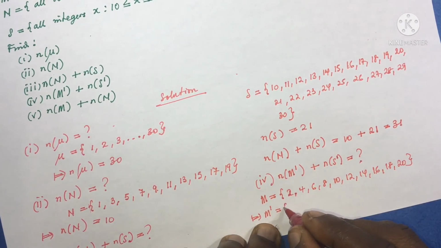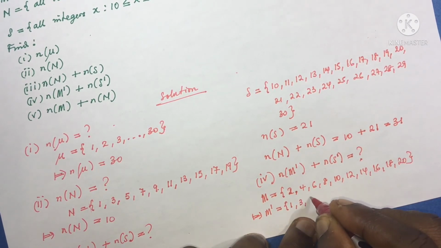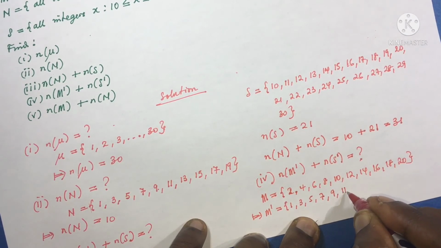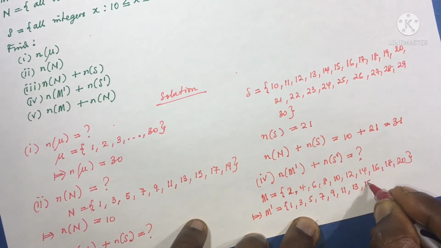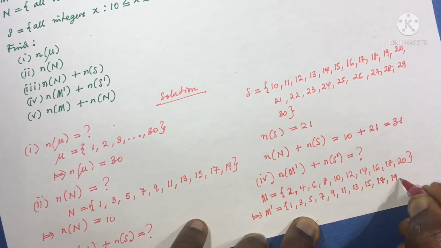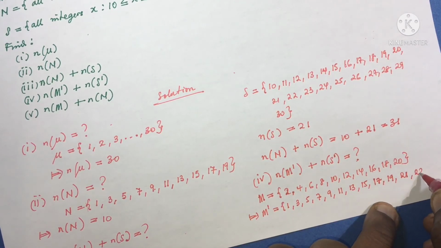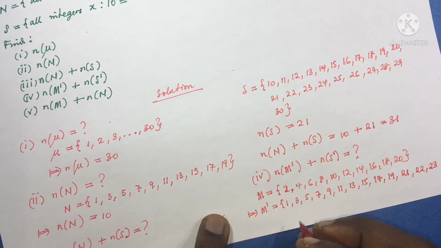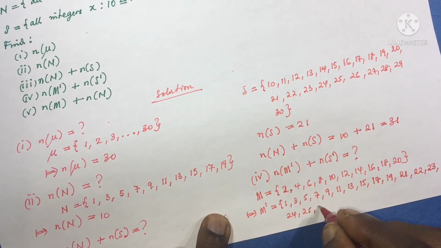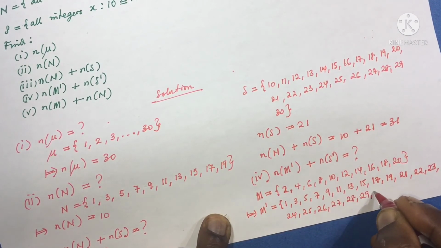So let us list out that set: 1, 3, 5, 7, 9, 11, 13, 15, 17, 19, 21, then 22, 23, 24, 25, 26, 27, 28, 29, and then 30.